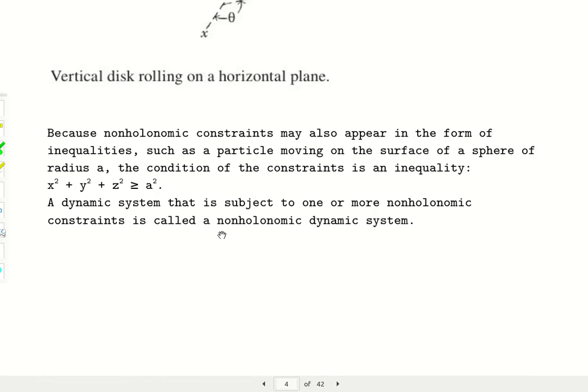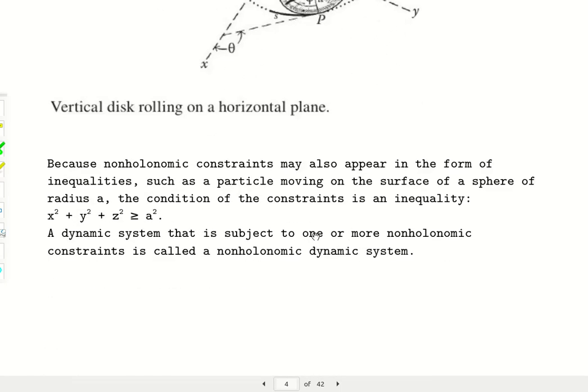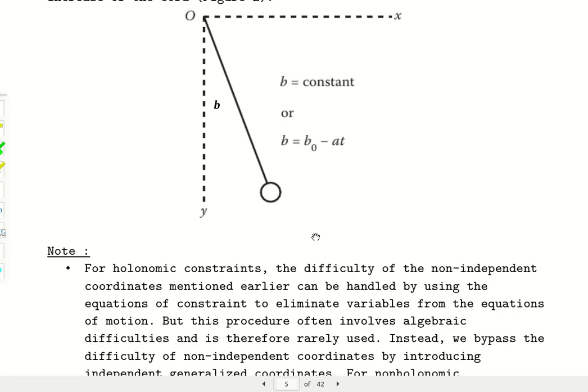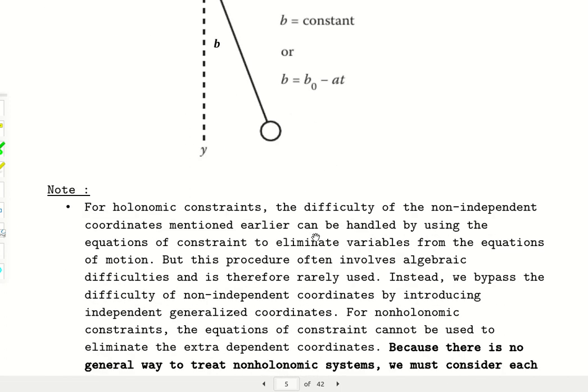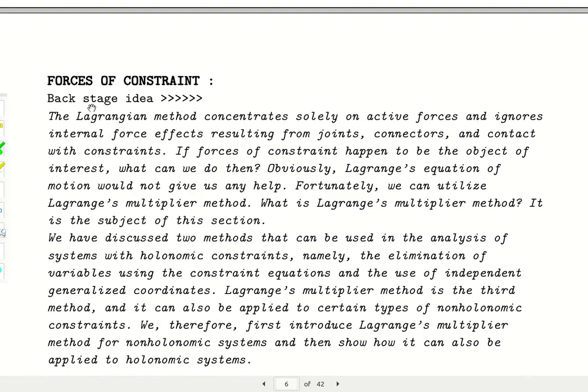In the case of the particle moving on the surface of the sphere, the constraint force is the normal reaction of the spherical surface. In this case also the normal reaction. So these are the causes of constraints, the constraint forces. We have to find them out. That is our next topic.